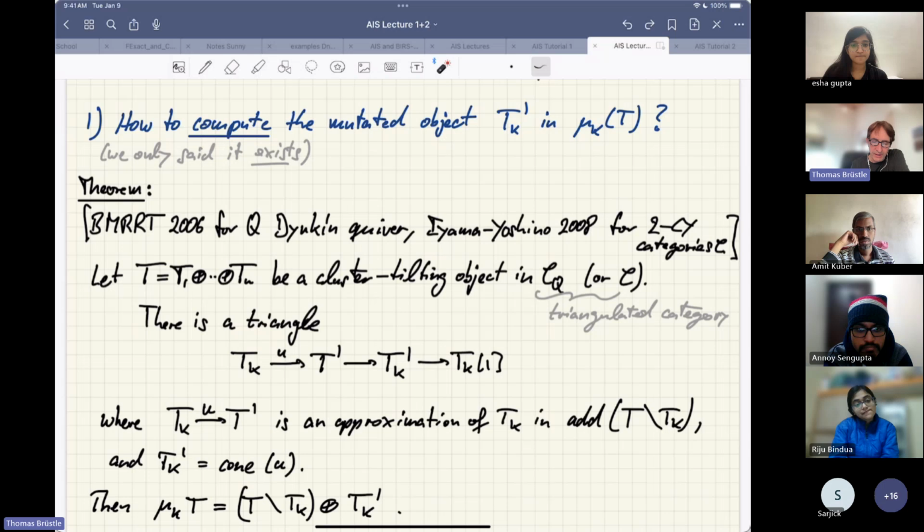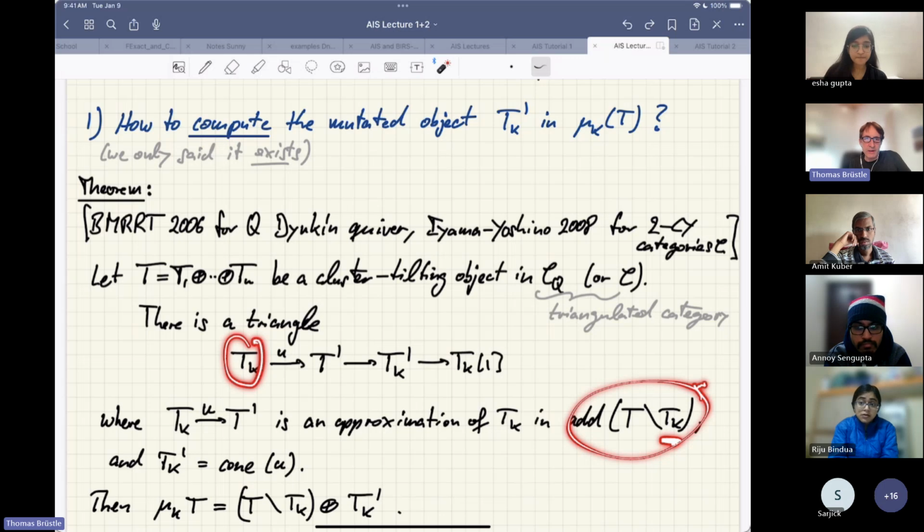That means let's remove from T that summand Tk, and let's look at the additive category generated by this. So let's look at all direct sums of objects that you can form from T, but not Tk. Then Tk itself is not in here because we just removed it.